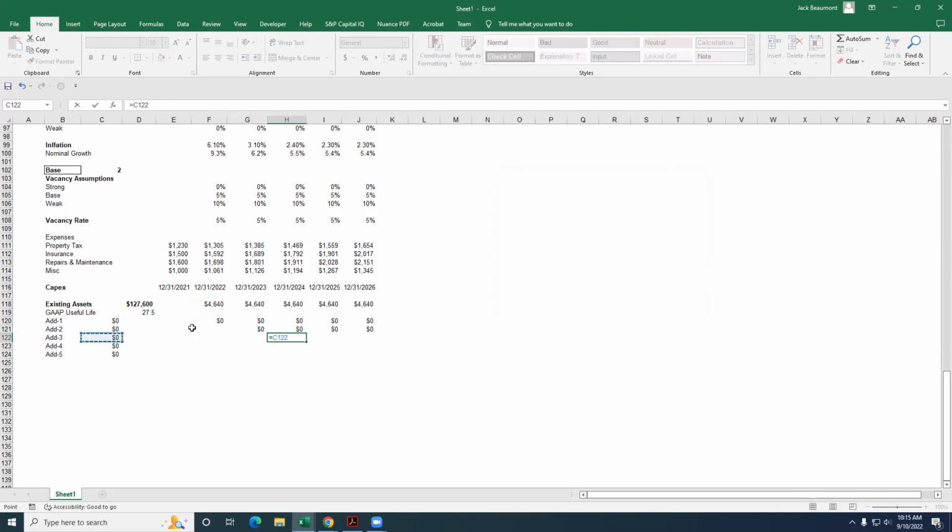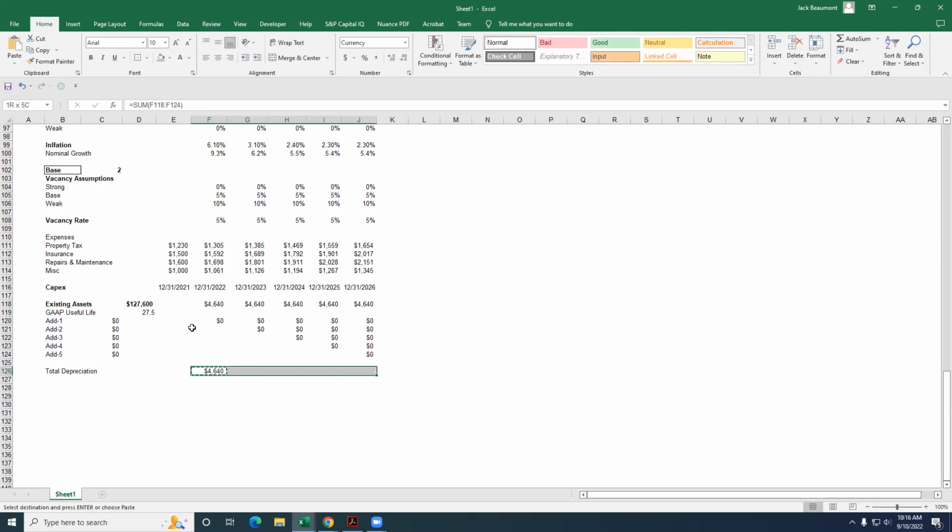So equals this. And we have total depreciation, and it's going to equal that.